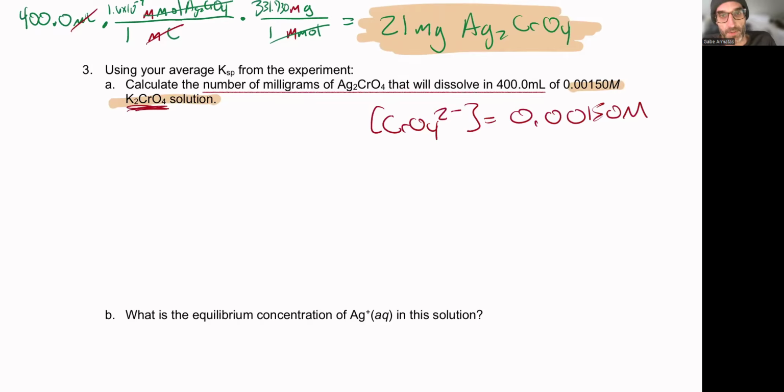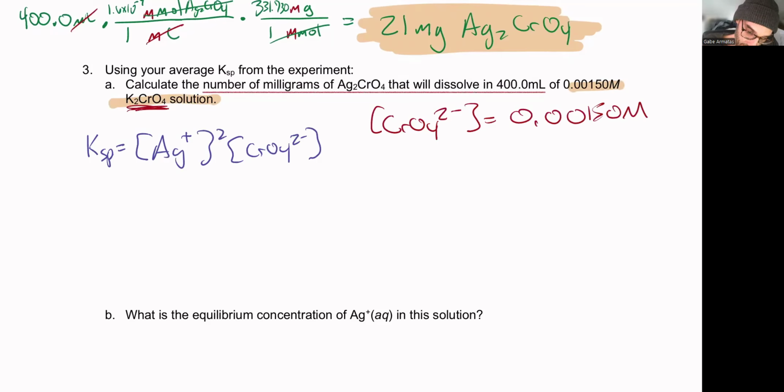So I don't need to redo the ICE table because I already have all that information. Ksp will not change because temperature did not change, so it's going to be the same: silver ions squared times chromate ions. My Ksp I know is 1.5 times 10 to the negative 11.